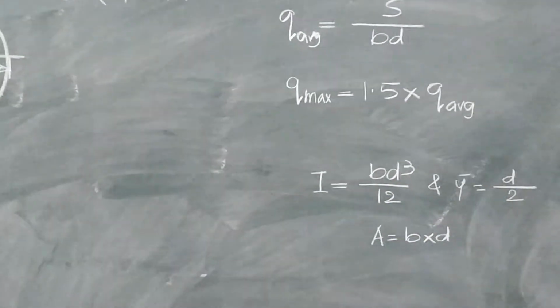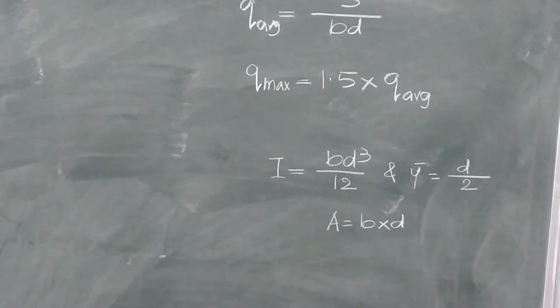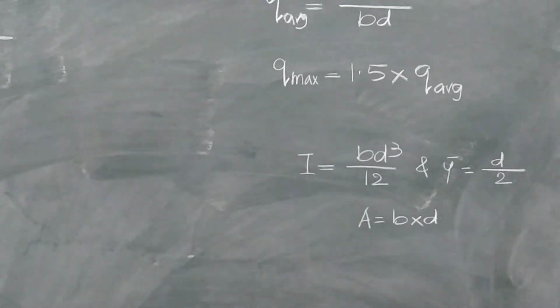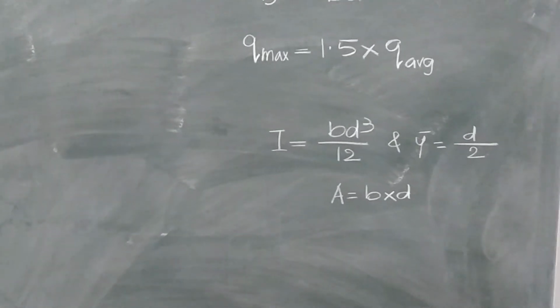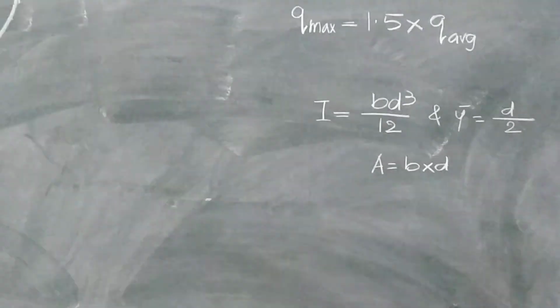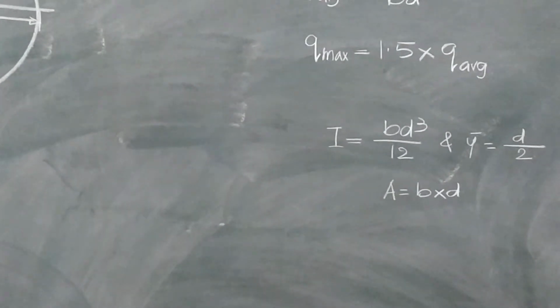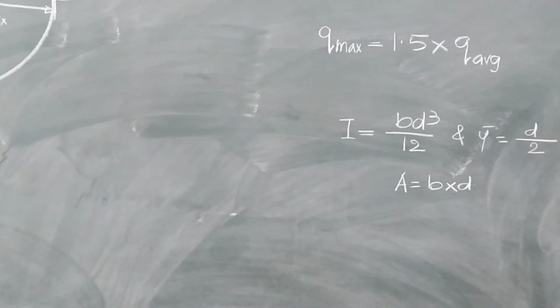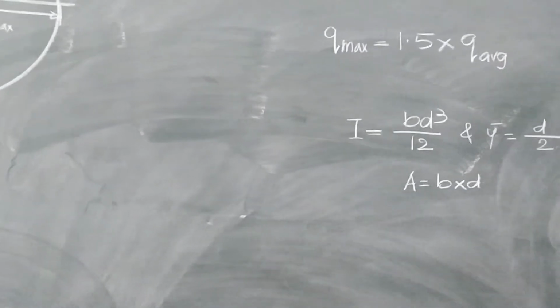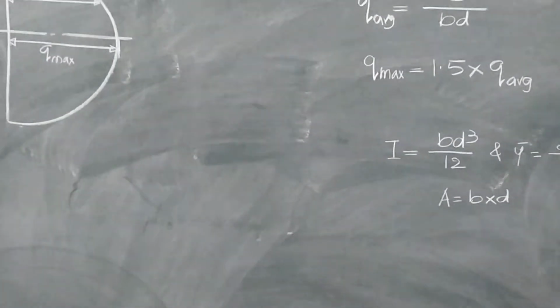We can find out I is equal to B D cube by 12 for rectangular section, y bar is equal to D by 2 for rectangular section, where D is depth, and area of rectangle you know is B into D, where B is width, D is depth.